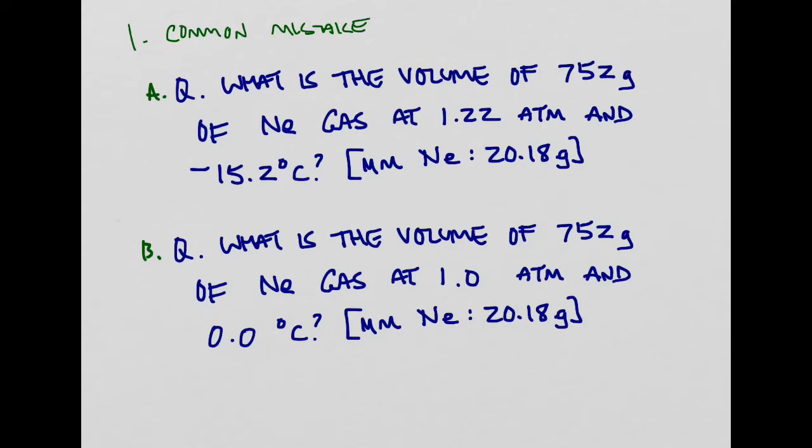But you do have to be incredibly alert to the fact that in question A, you don't have STP going on there, so you cannot use the 22.4 liter equivalency. So be efficient. Use the 22.4 liter thing when you can, but make sure you avoid it like the plague and use the ideal gas law when it doesn't make sense to, because you don't have the standard temperature and pressure conditions. All right.